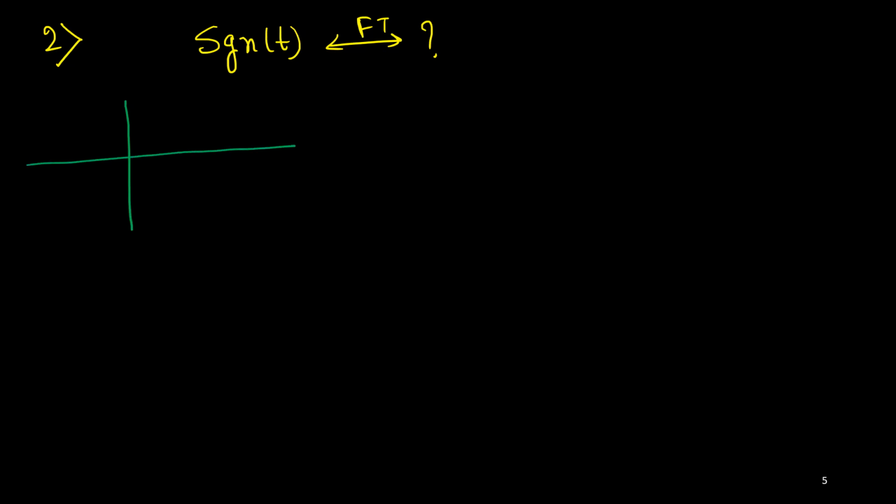Second one, if I consider a signum function, signum t, now what is the Fourier transform? So signum t, you understand that the positive side is 1 and the negative side is minus 1, for time t. This is your signum t.